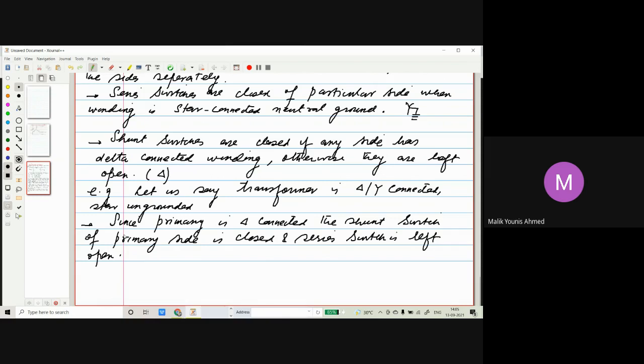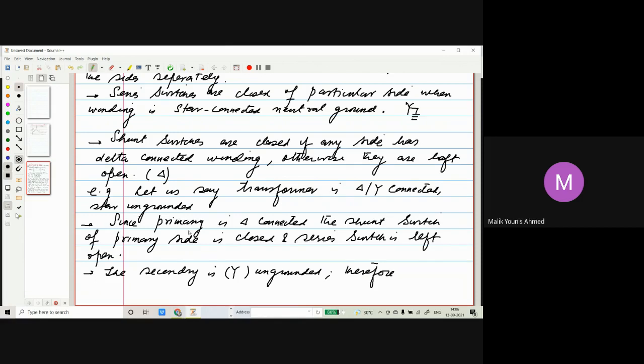Now let us talk about the secondary. The secondary winding is star and ungrounded. We have seen this is not grounded. Therefore, the series switch is left open, because whenever the winding is star connected, neutral grounded, then only the series switches are closed.